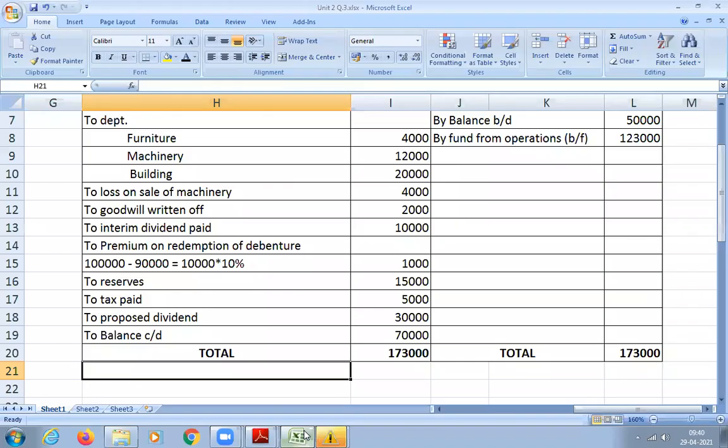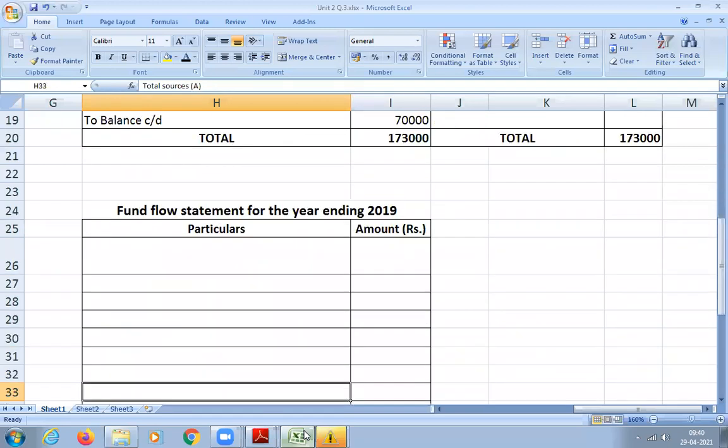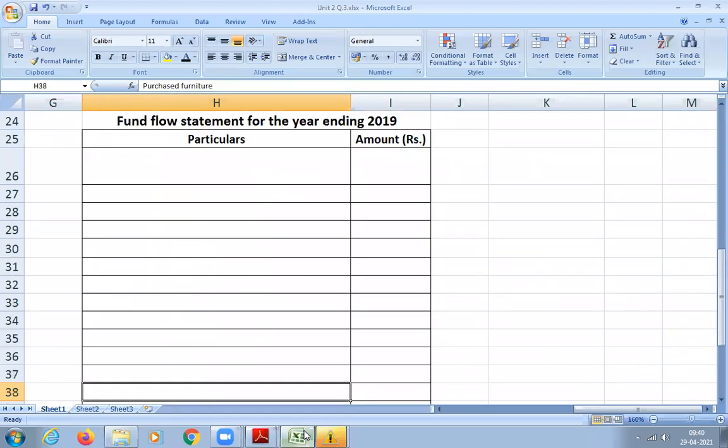Okay, students, what is the next step after preparing the adjusted P&L account? It is there on the screen. Please tell me, what do you have to prepare? Fund flow statement. Yes. So first, prepare the table, all of you.